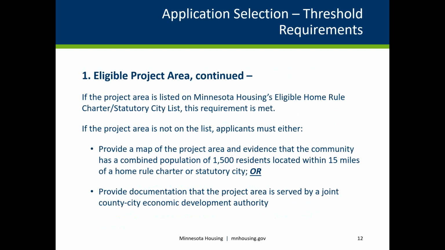You can do that by providing a map of the project area and the population of the area, or by providing documentation that the area is served by a joint county-city economic development authority. And applicants only need to meet one of the eligible definitions.